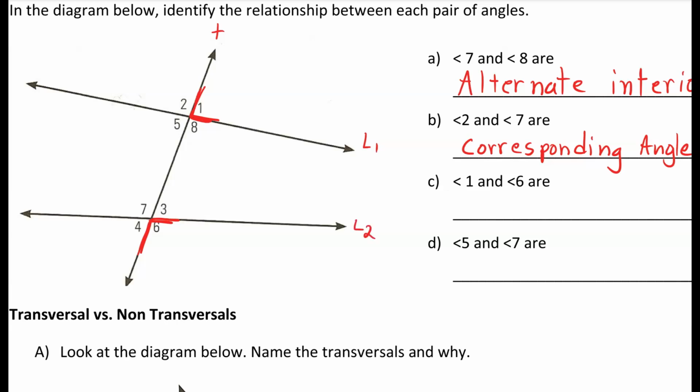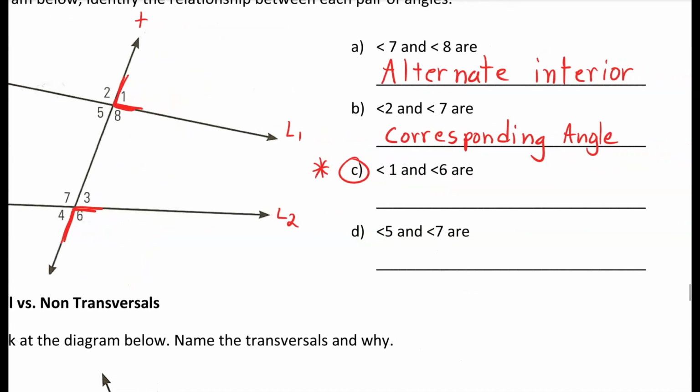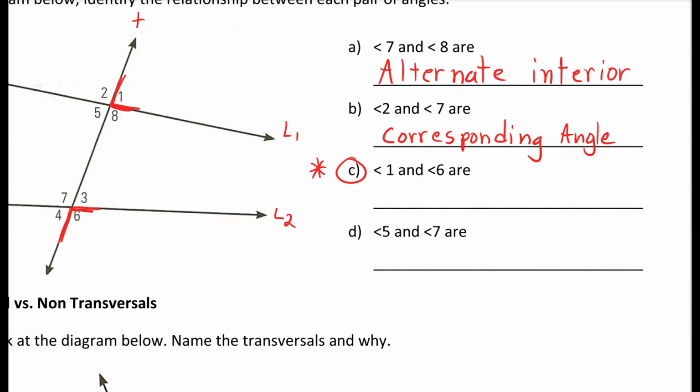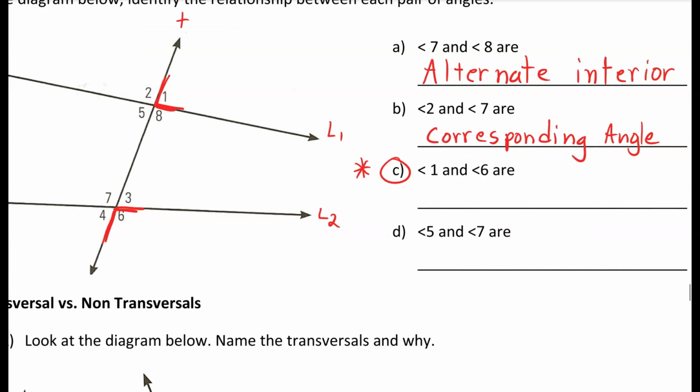When we're looking at this, this is going to be one we did not talk about on the next page. So it's important to pay attention to this one specifically because it's not one that we listed on the other page. What this angle is going to be is called the exterior angle on the same side of the transversal.